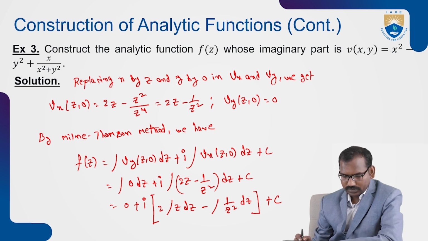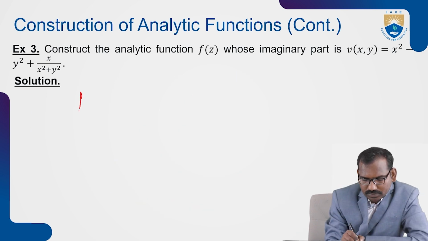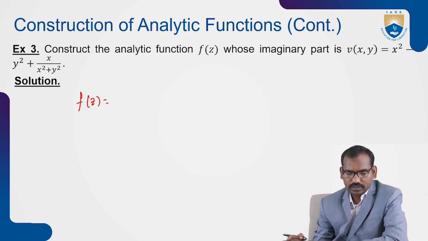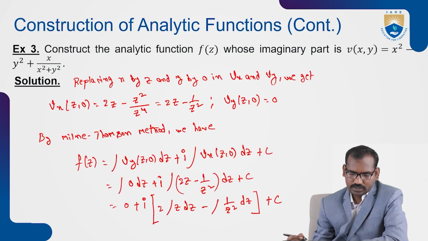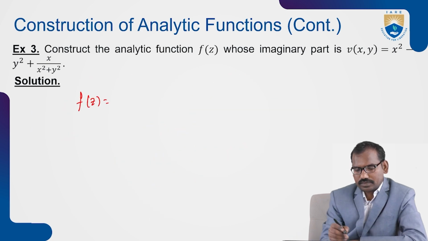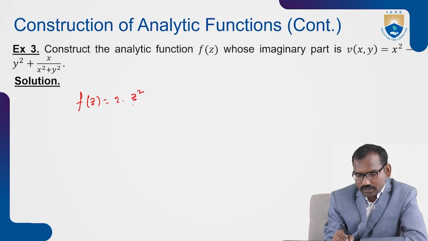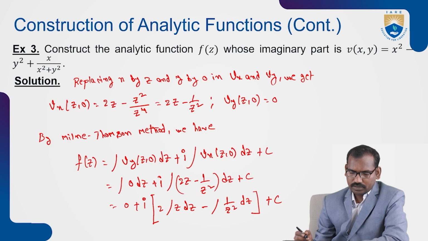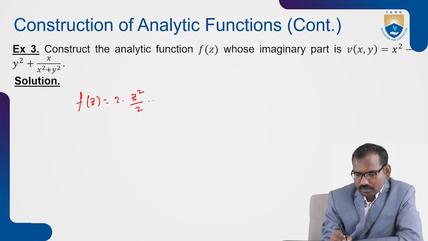Here f of z becomes i times 2 times z square by 2, minus, here the integration of 1 by z square becomes minus 1 upon z, plus c.